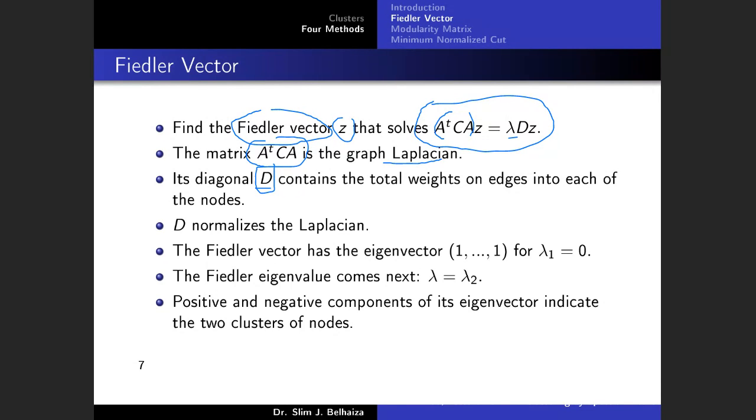So D normalizes the Laplacian, and the first eigenvector is the vector 1, 1, 1 with eigenvalue equal to 0. The Fiedler eigenvalue is the next one, lambda 2. The positive and negative components of its eigenvector indicate the 2 clusters of the nodes.